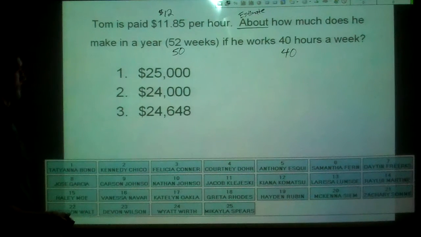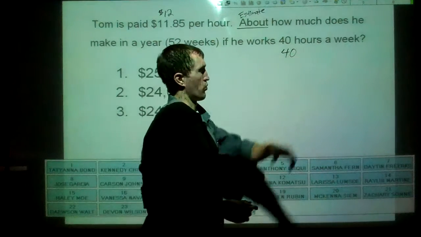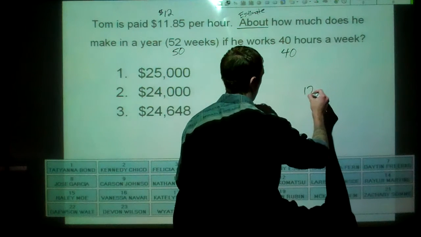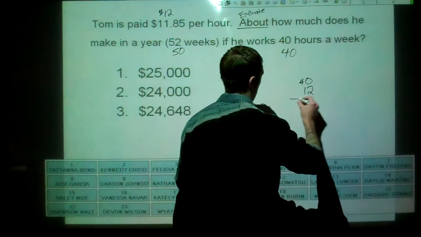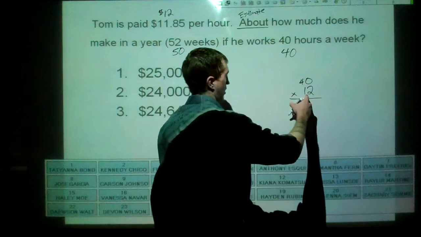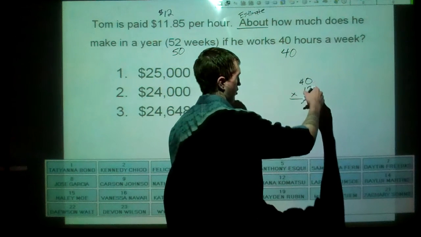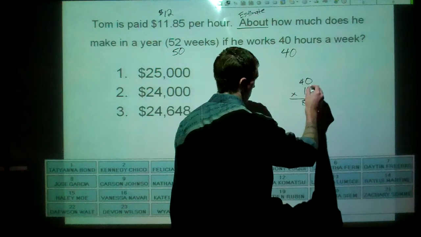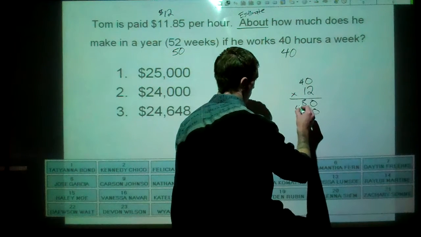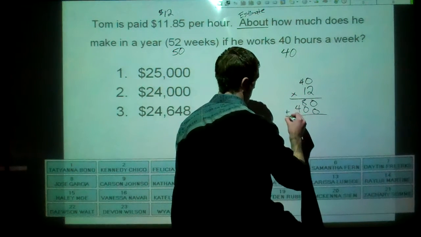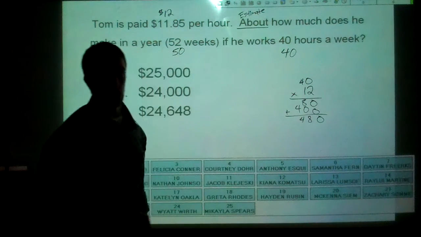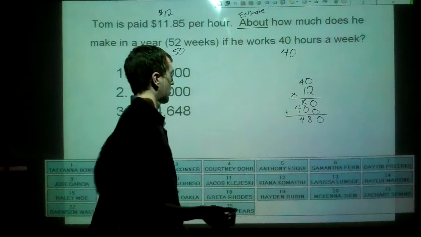But anyway, if he's paid $12 per hour and he works 40 hours per week, let's figure out what he earns per week first. That would be 12 times 40. $12 an hour at 40 hours per week. 0, 8, 0. So about $480 per week.